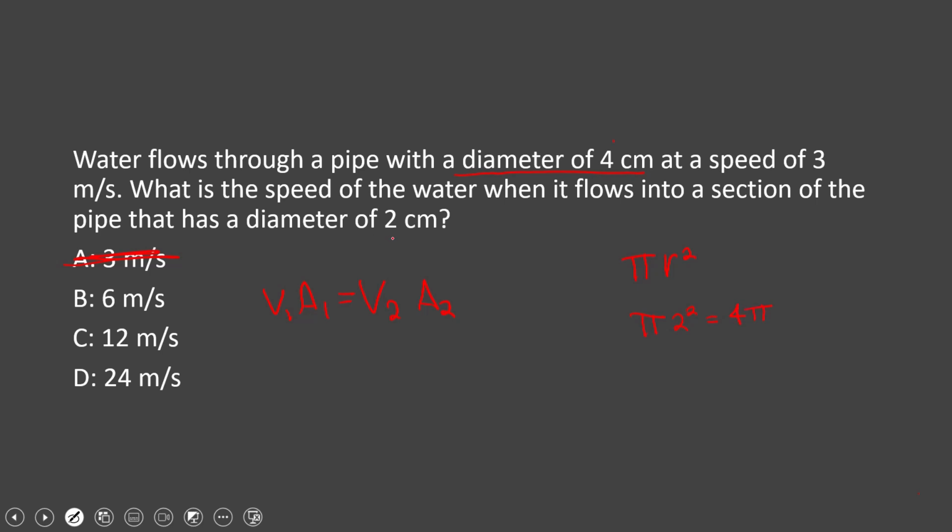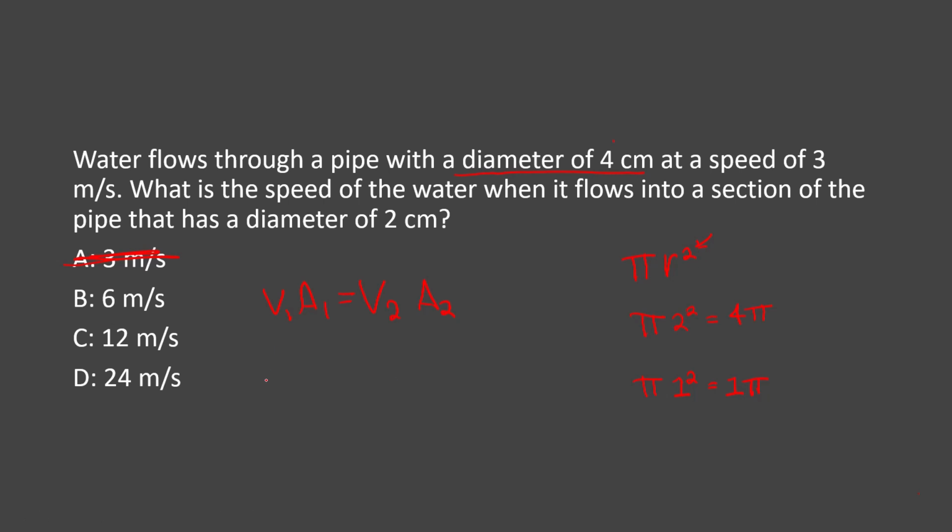But now when the diameter changes to 2 and the radius changes to 1, pi times 1 squared is going to be equal to 1 pi. So again, because of this squared, the change in diameter is going to result in a change in area that is fourfold. So diameter is half, area is 1/4.